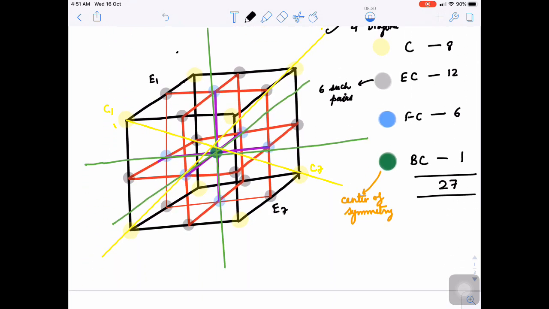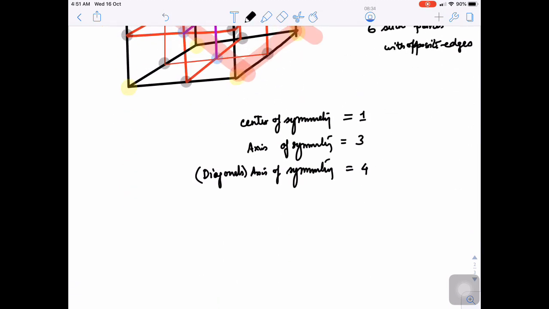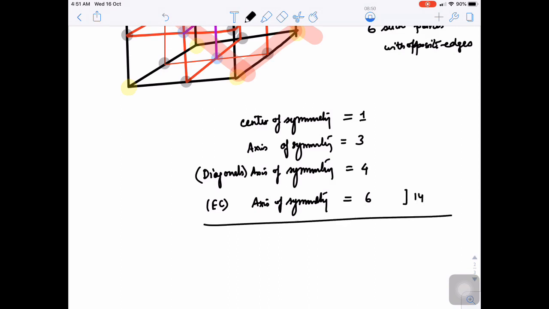And then we had planes of symmetry. Let me write first the axes of symmetry through edges. It is 6 in number. So what is this whole summation? 6 plus 4 plus 3 plus 1 is 14. So 14 elements are because of axes of symmetry or center of symmetry. And then we have 9 more.